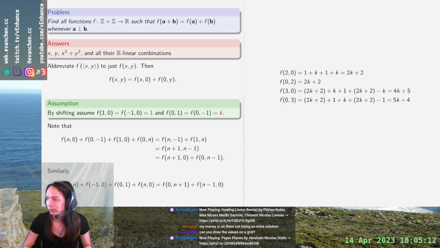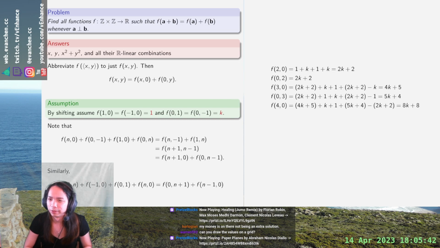One is if you keep pumping this recursion. F of 4, 0 is f of 3, 0, which is 4k plus 5, and then a k, a 1, and f of 0, 3, which is 5k plus 4. And then minus f of 0, 2, which is 2k plus 2. That gives 8k plus 8.